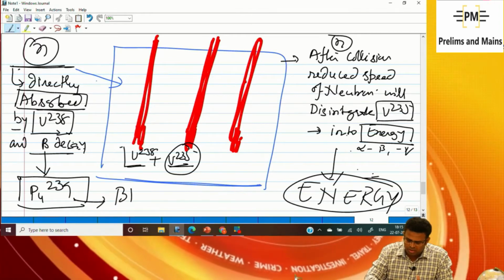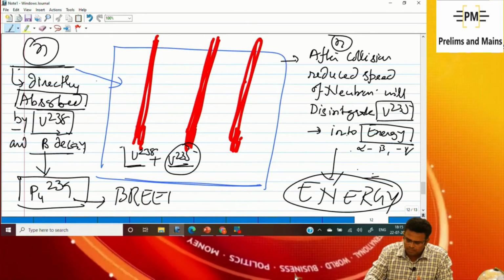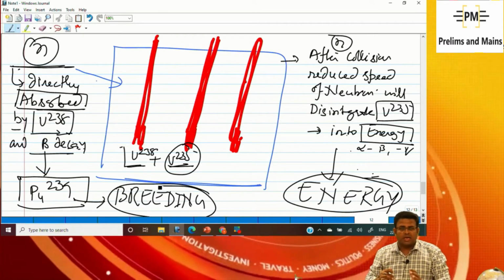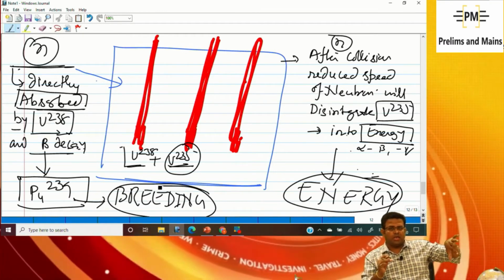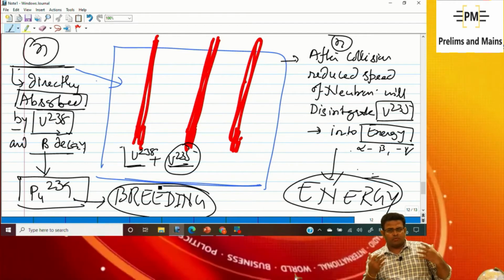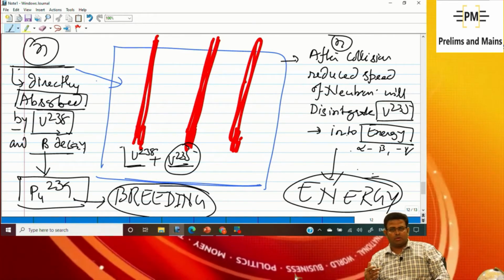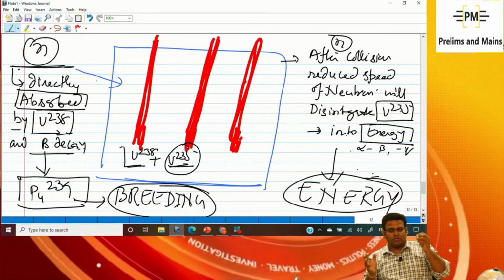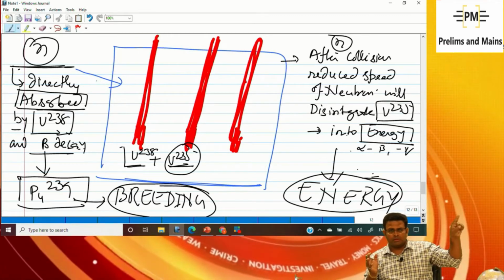Therefore we are able to say that there is a breeding. Breeding means we are converting uranium-238 with those fast moving neutrons, understood? For converting, those fast moving neutrons are absorbed by uranium-238, okay?